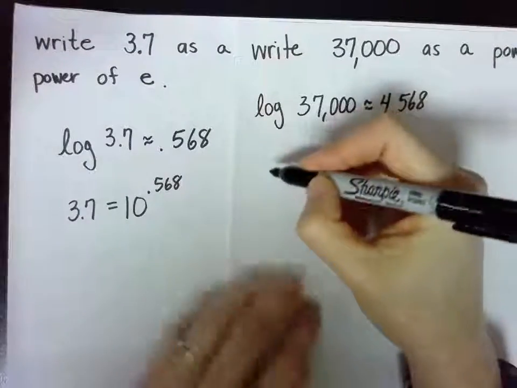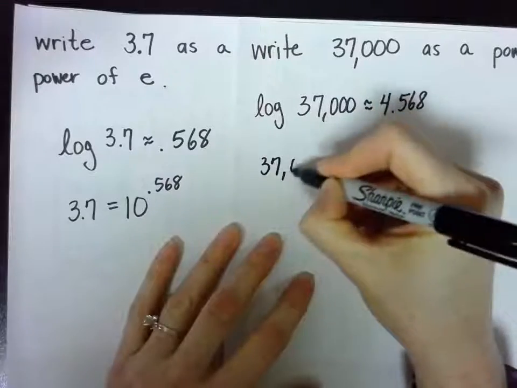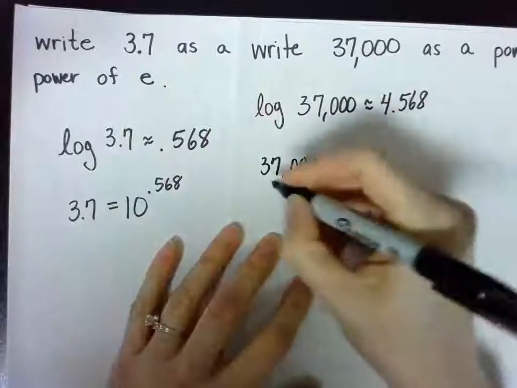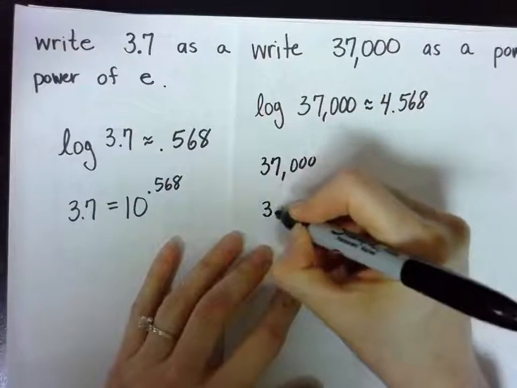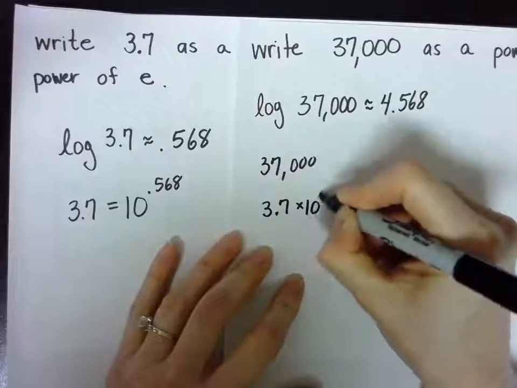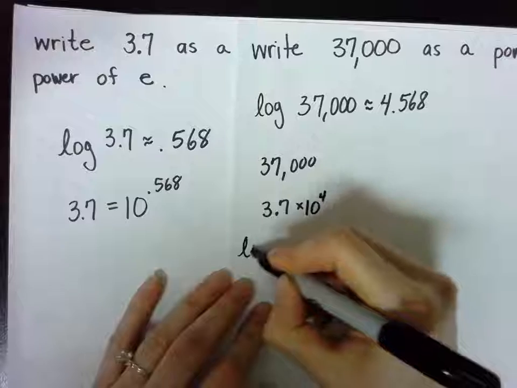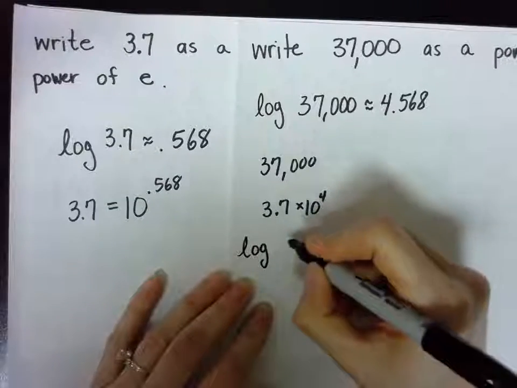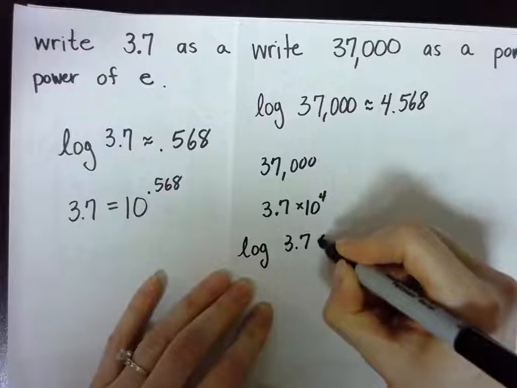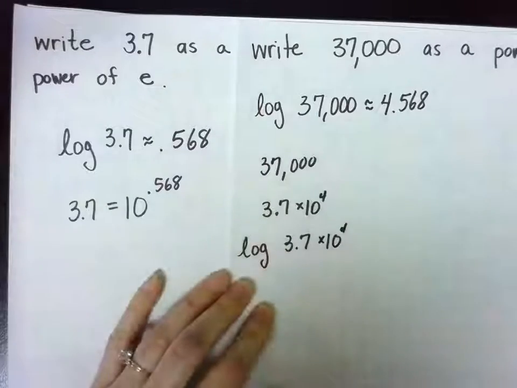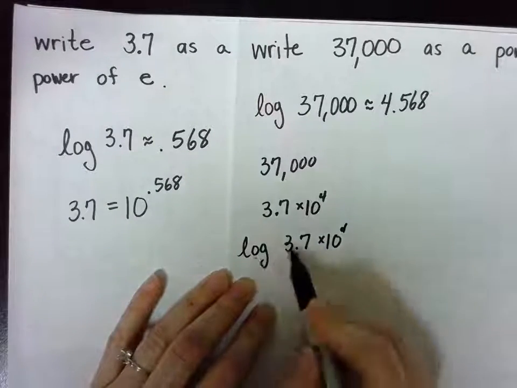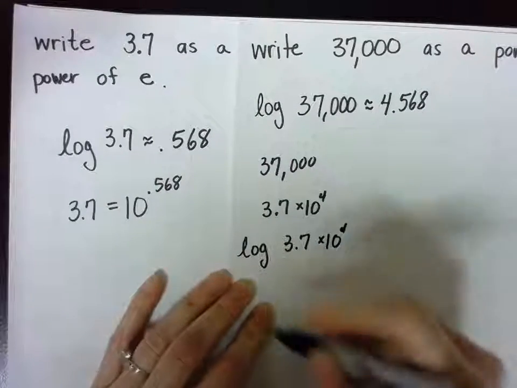So 37,000, if we had to rewrite that, that would be like 3.7 times 10 to the 4th in scientific notation, right? So if we were doing log of 3.7 times 10 to the 4th, well, a log of a product is the sum of the individual logs.